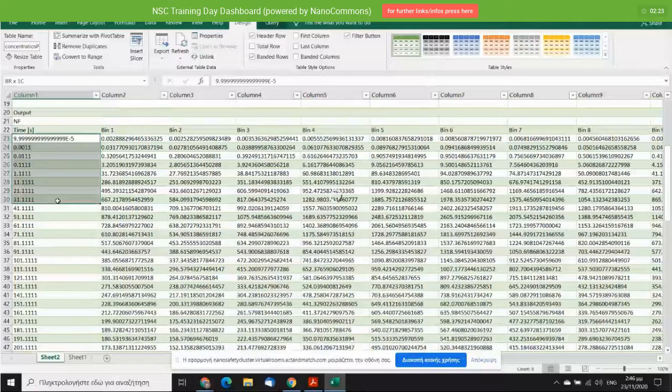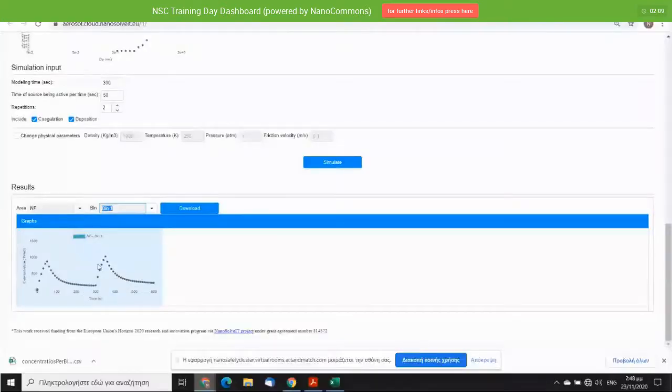So here, if I put FF area and bin 1, you can see that we have a jump from the first source until 50 seconds, then it drops again, and then it goes up again because the source is active again at 300 seconds.